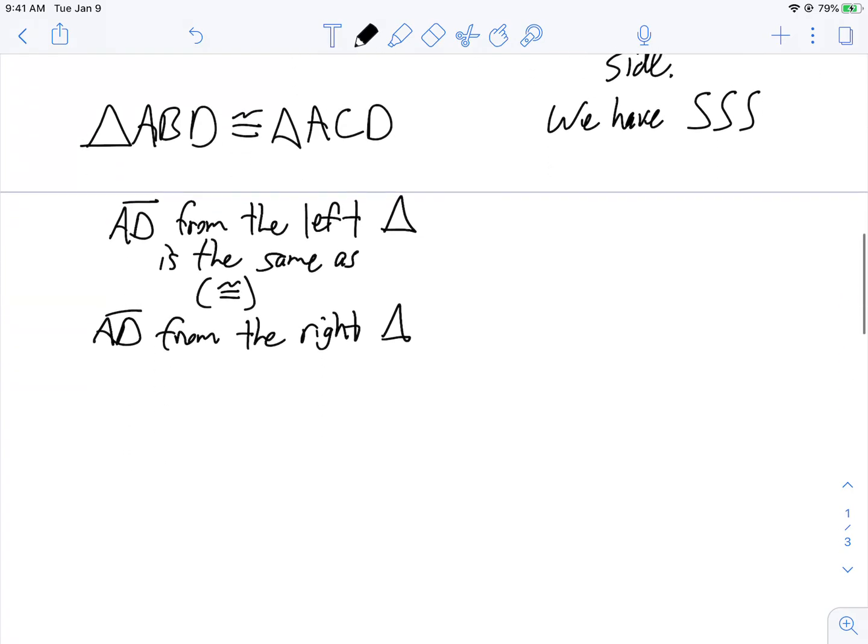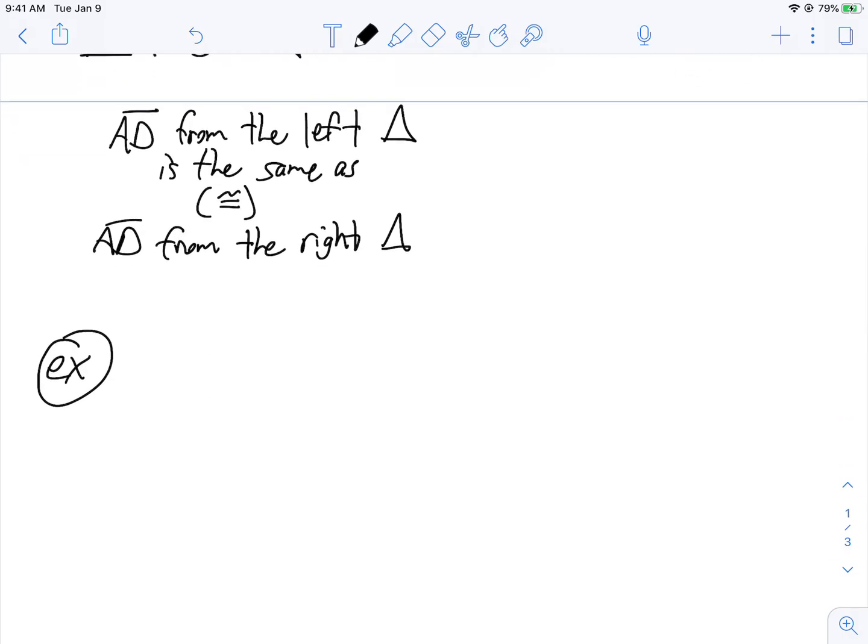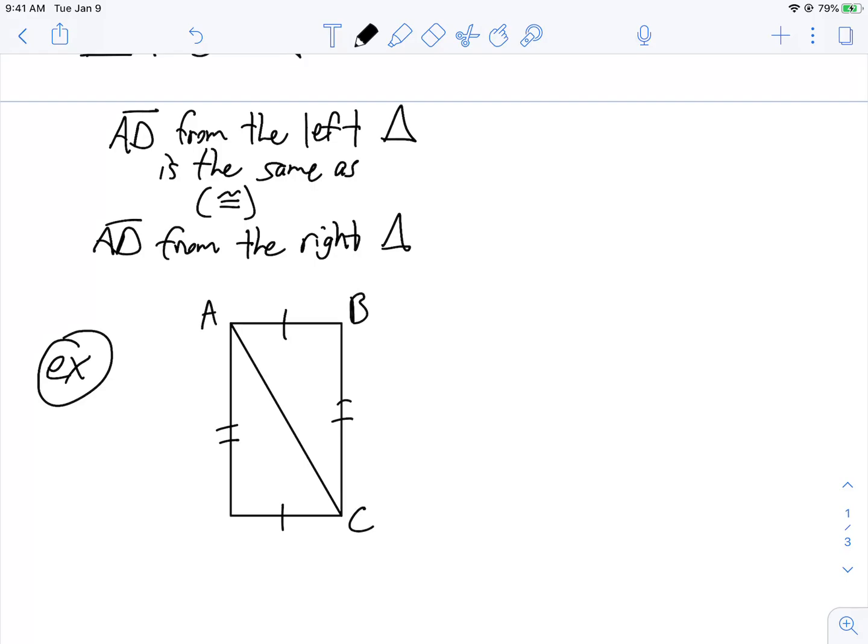Let's do one more of these that you might run into, and it'll kind of change the way it looks. Okay, we've got a rectangle, and we'll split it like that. And we'll do side congruences here. We've got 1, 2. So we've got two separate triangles here.